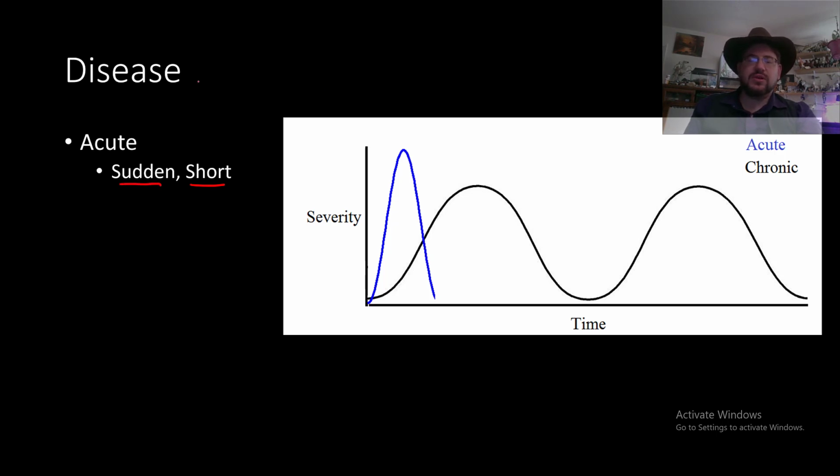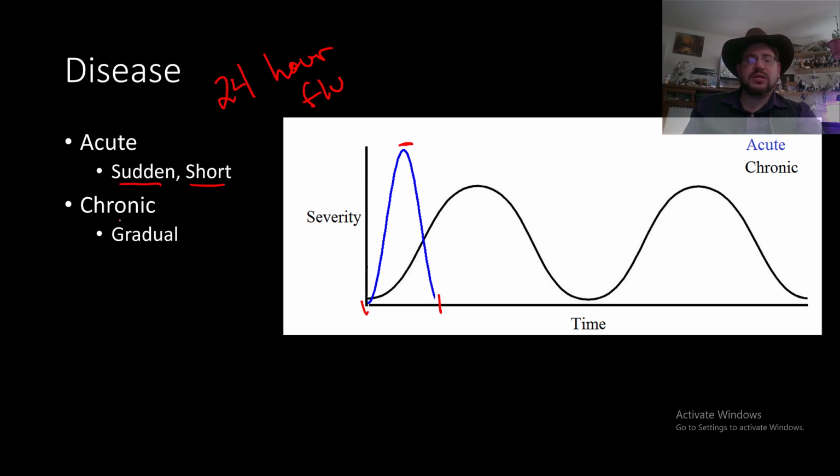Famous, it would be the 24-hour flu, right? It comes on pretty fast. You have a very bad day of vomiting and diarrhea, and then it goes away relatively fast. It tends to be very severe, but relatively short in duration.